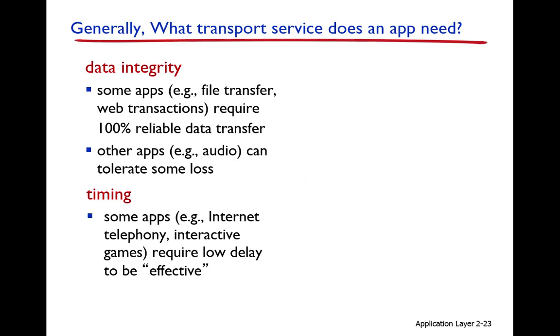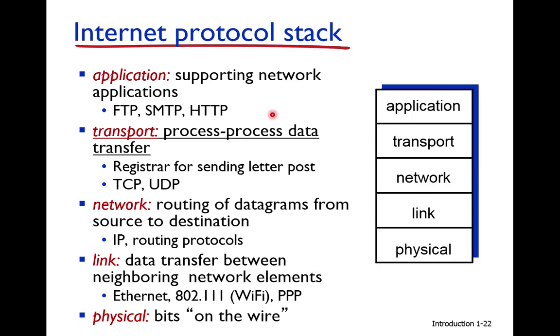But in practice, in the internet, the transport layer protocol provides two types of services, TCP and UDP. These are the two protocols available in the transport layer, and in the current internet. Now we discuss how TCP and UDP transfer the data from one application to another.